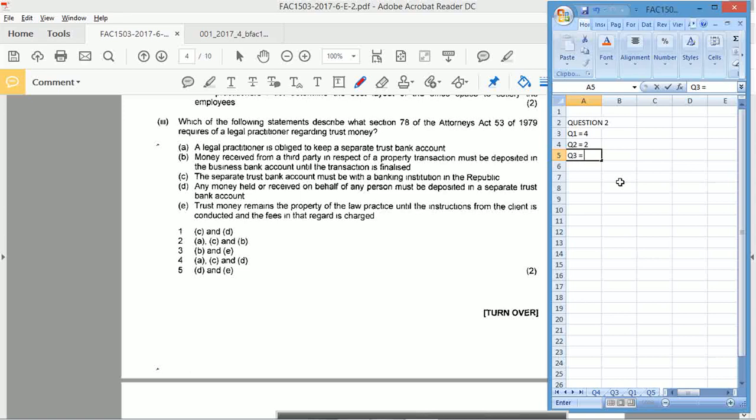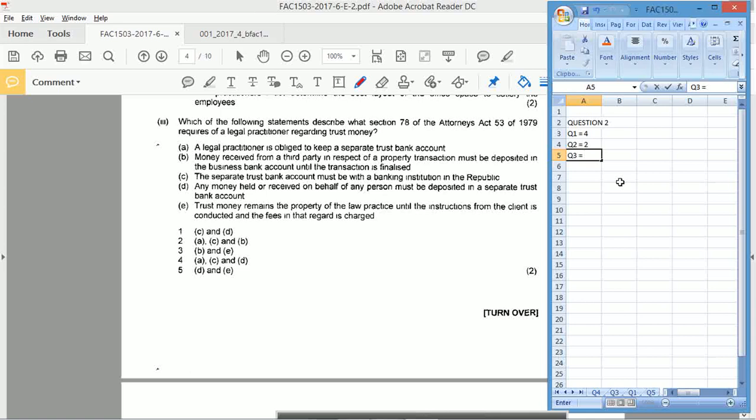Which of the following statements describes what Section 17 of the Attorneys Act of 1979 requires of a legal practitioner regarding trust money? We know trust money needs to be separate. A legal practitioner is obliged to keep a separate trust bank account? Definitely. Money received from a third party in respect of a property transaction must be deposited into the business bank account until the transaction is finalized?